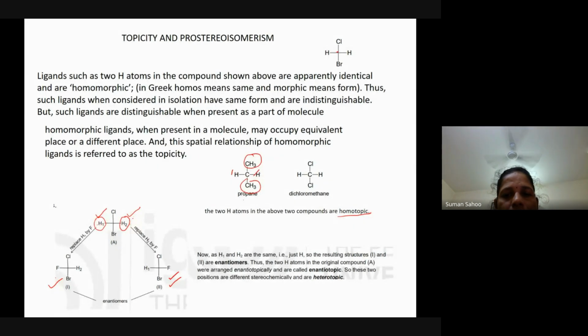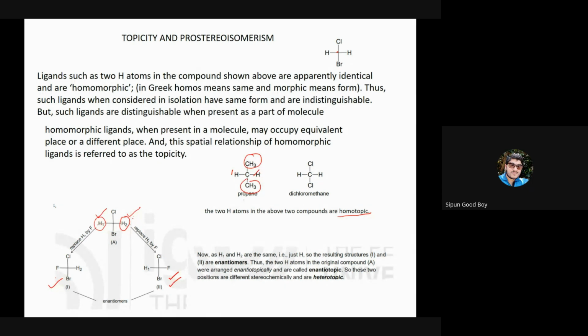And when by replacement you get diastereomers, those hydrogens are known as diastereotopic hydrogens, or diastereotopic atoms if you are replacing groups or other atoms. Did you understand?